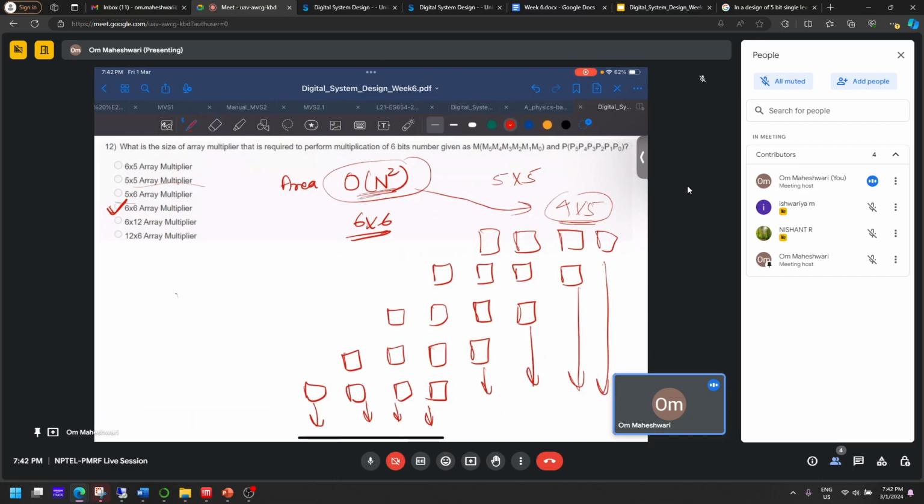Let's say if it was 100 cross 100, if there were 100 bits, saying 99 cross 100 and 100 cross 100 would not make any difference. So remember, multiplication is always of the order of n square.